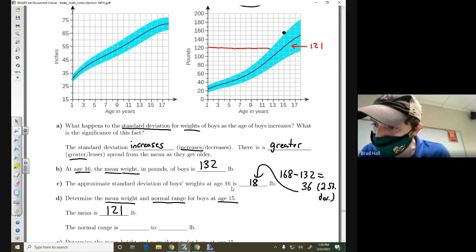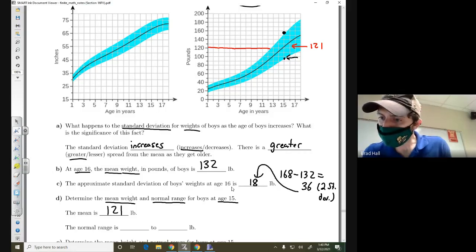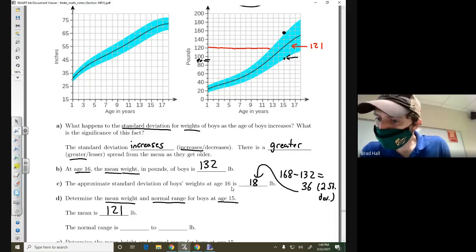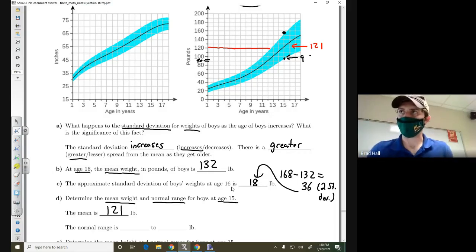The lower value right here. So they want this value. That seems to be above 90. Halfway between 90 and 100. It seems to be 95 to me for the lower one.